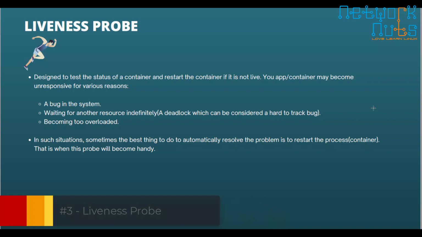The difference between the readiness probe and the liveness probe is that liveness probe will try to automatically solve the problem by doing a restart of the container, right? So your application might not be responsive. A lot of reasons can be there. A bug in the system, waiting for something else, too much overload, overwhelming requests coming up, right?